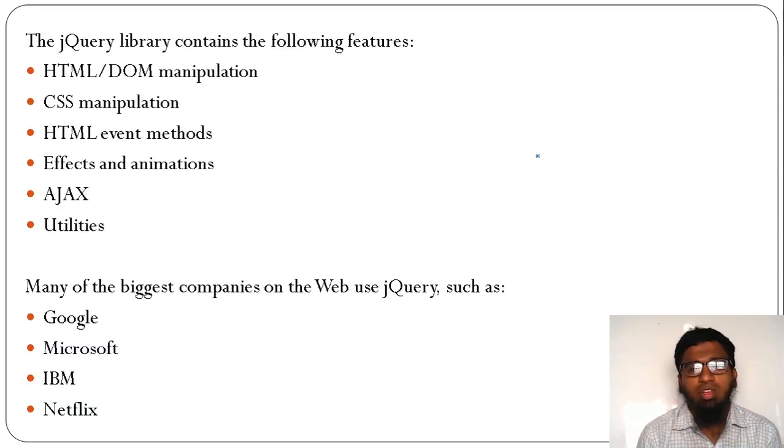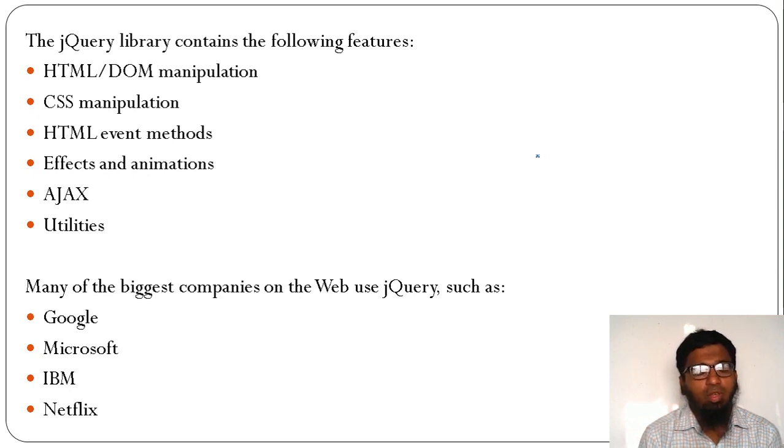Okay, and what does the jQuery library contain: HTML, hypertext markup language, DOM manipulation, document object model, CSS, cascading style sheet manipulation, and HTML event methods. Events are like when you click a button, load button, show button, hide button.